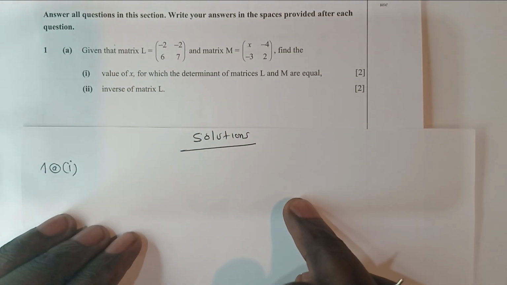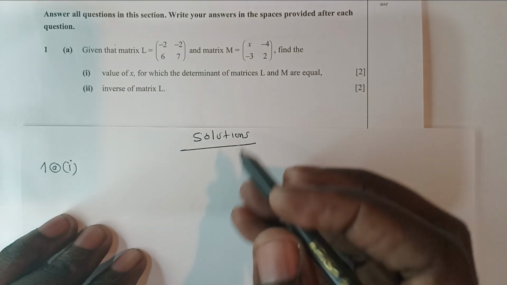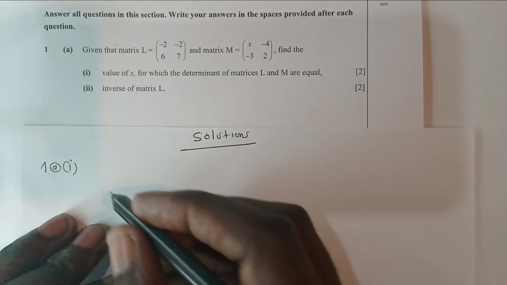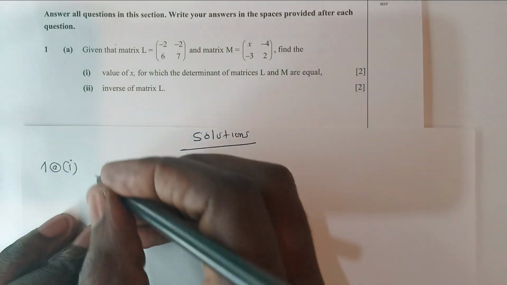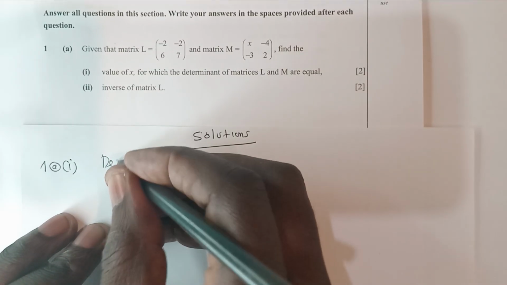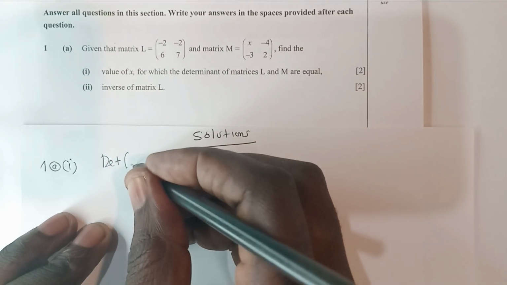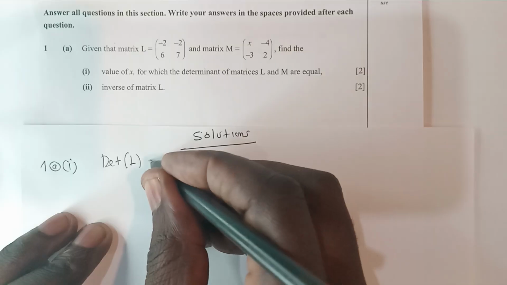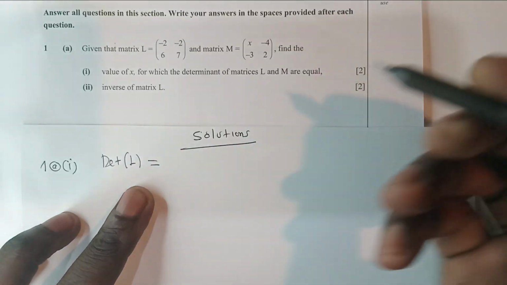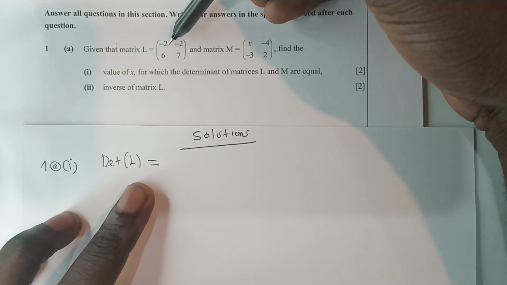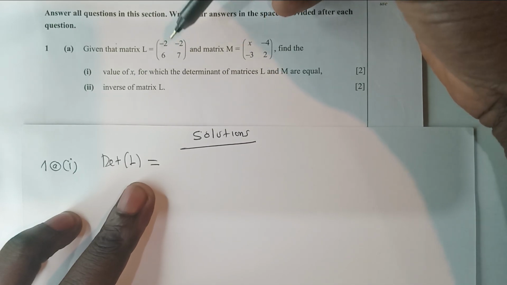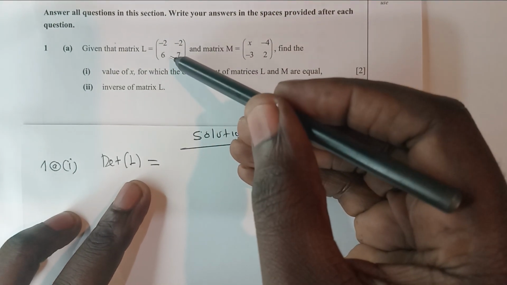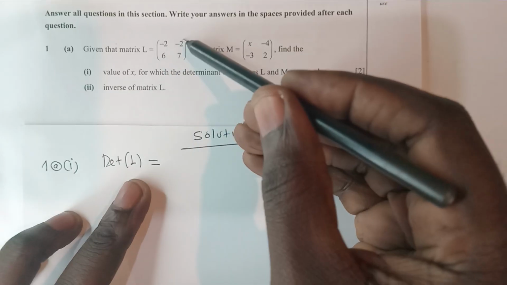And how do we do it? So we understand that when finding the determinant of the matrix, let's say in this case we have the matrix L, so we are going to say determinant for the matrix L is equal to, so we multiply the major diagonal, its product, we subtract the product of the minor diagonal.